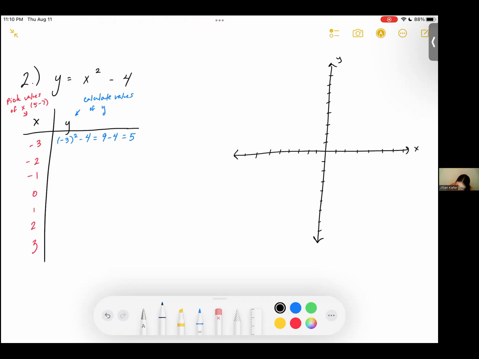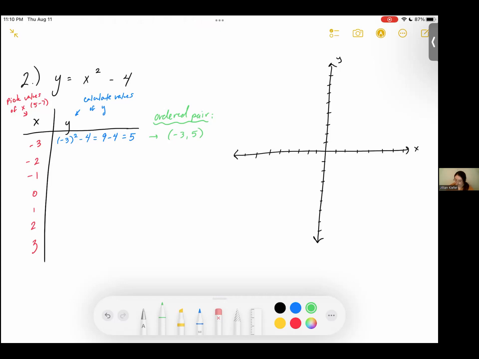Let's extend this table out a little bit here. Now what we have is an ordered pair: the x value being -3, the y value being 5. So there we go. We have one point that is going to be on this function now.